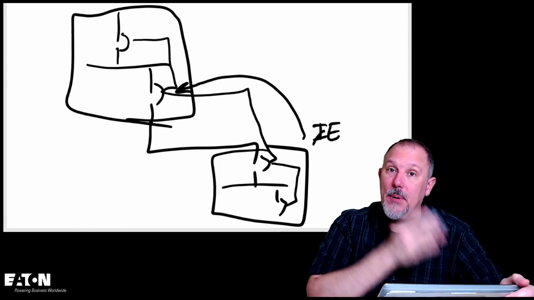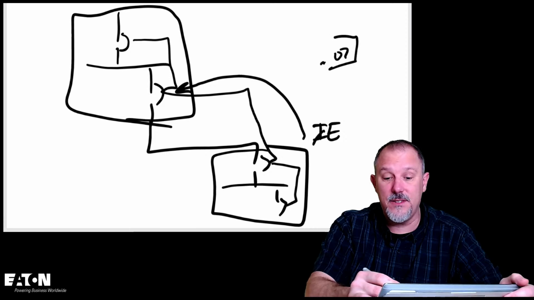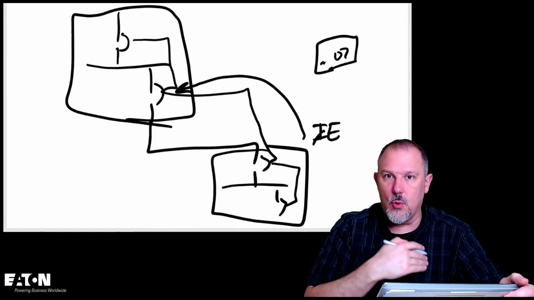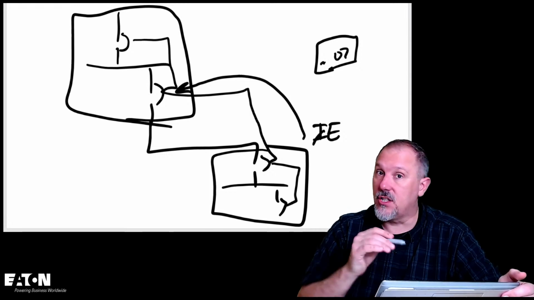short time delay pickup setting and a clearing time of approximately 0.07 seconds. It'll be the clearing time of the short time delay, the fastest short time delay that you would have for that breaker. It's not instantaneous.